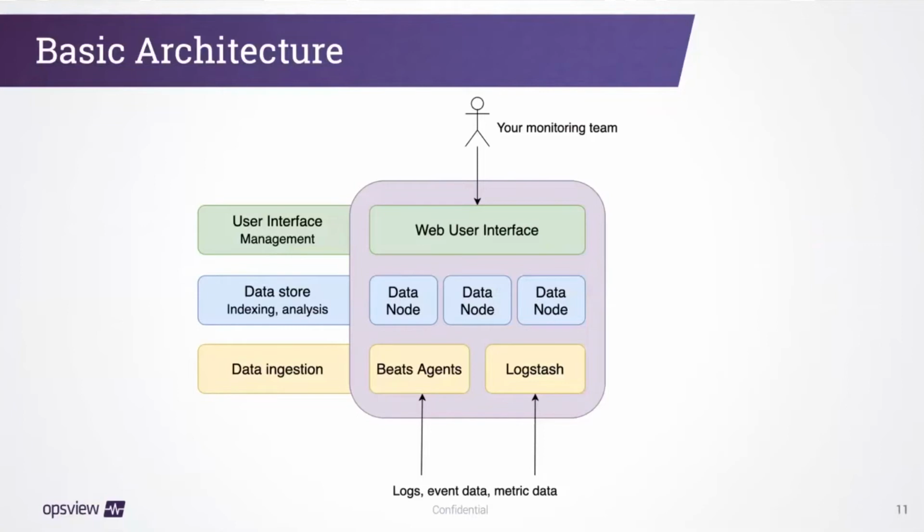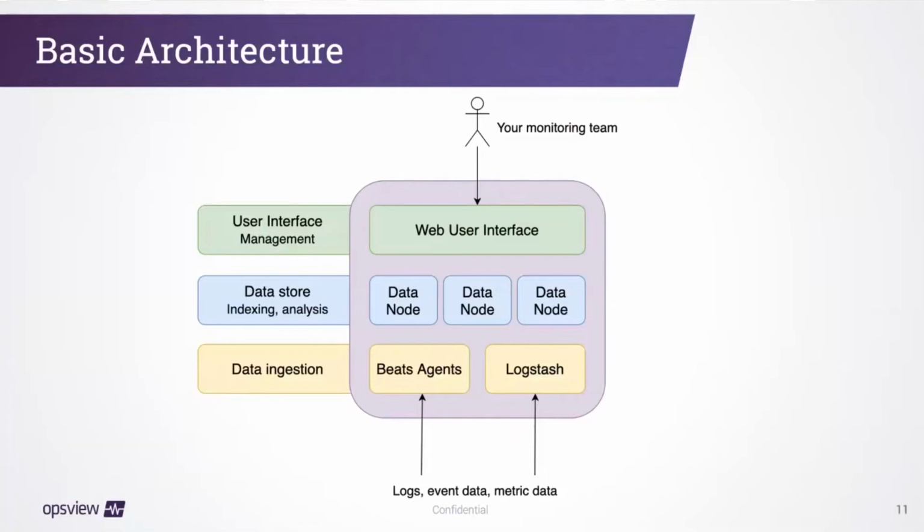Just a quick word on architecture. It is a pretty straightforward architecture for the product. It has a web user interface, as I'm sure you will be aware already. That's primarily Kibana-based, and that ties in with the way you access your Opsview Monitor or Opsview Cloud system today. So it can be HTTPS and integrate with single sign-on and so on. Behind that web interface sit one or more data nodes.